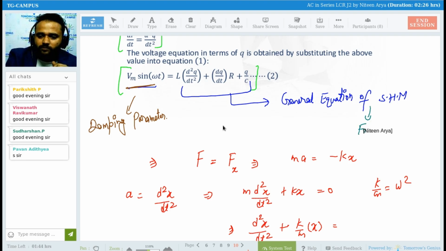This one is forced SHM. Is this clear? Just type yes, everyone, if it is so. And if I need to explain again, please let me know. Clear?